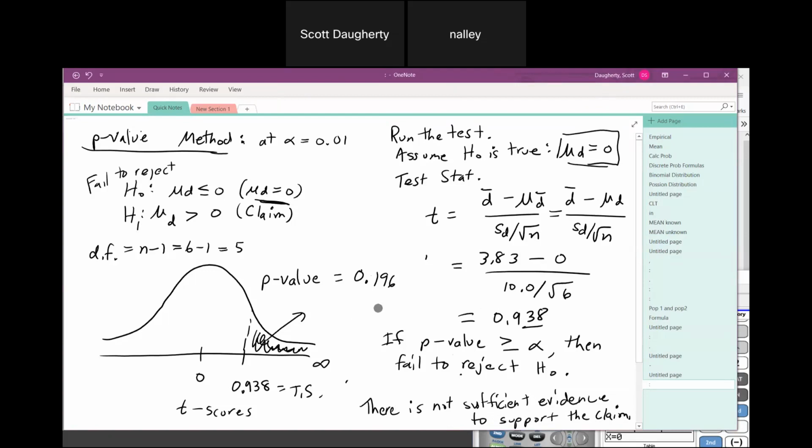Now, one other thing I want to mention about this p-value method, which may help you understand what's going on a little bit, is that the p-value is really a probability, because it's an area, and area is the same as probability. So what is it the probability of? It's the probability of getting this test statistic or something bigger than this test statistic, if mu sub d is 0.